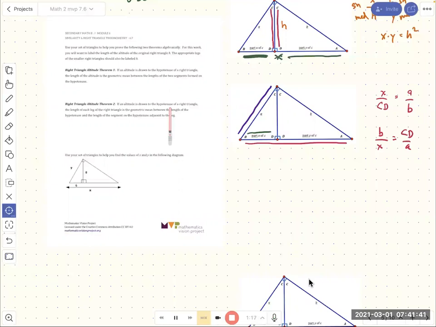So here's the leg, and this is the segment on the hypotenuse.